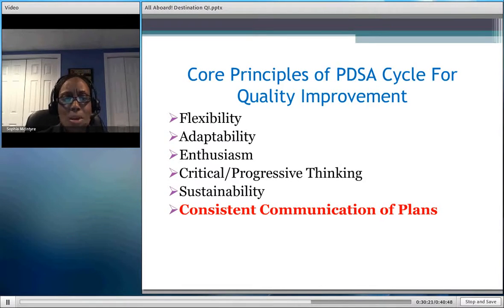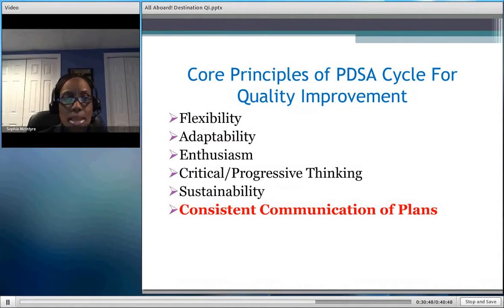So when I think about flexible, when you're looking at a PDSA cycle, it's crucial for not only you as the provider, but for your team to understand that it may not be business as usual. You may have to change how you've normally operated in order to achieve quality improvement. This flexibility may be in one instance, or it may be something that changes regularly.